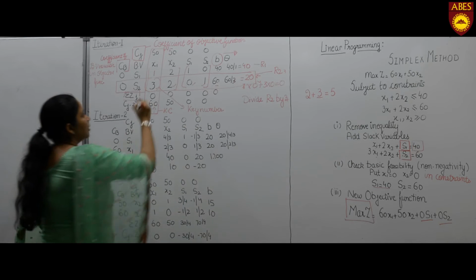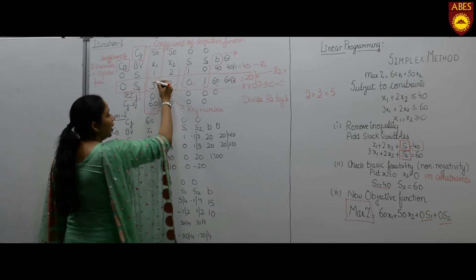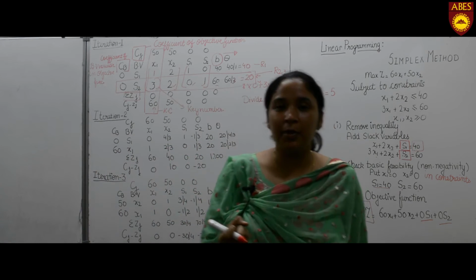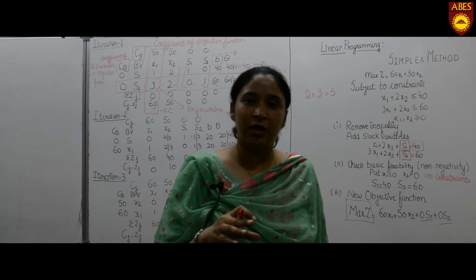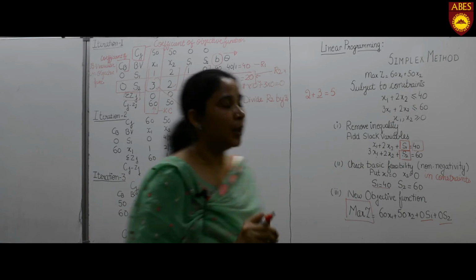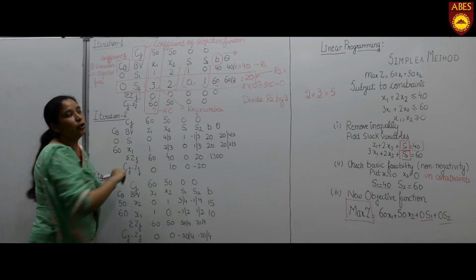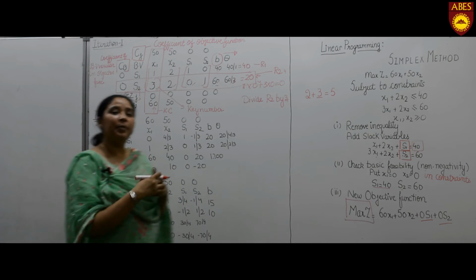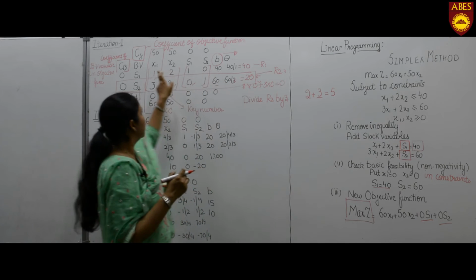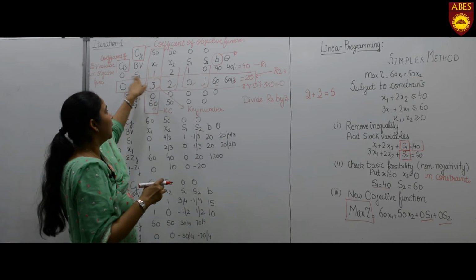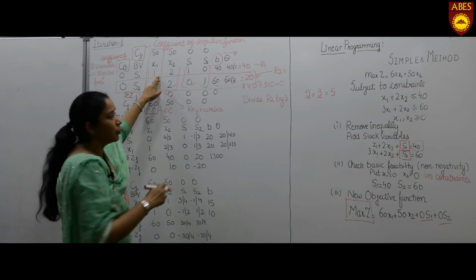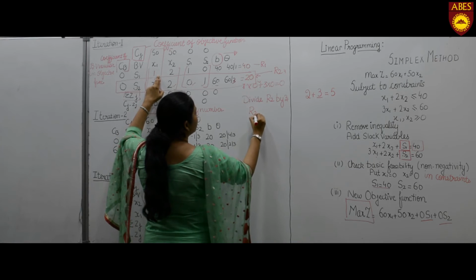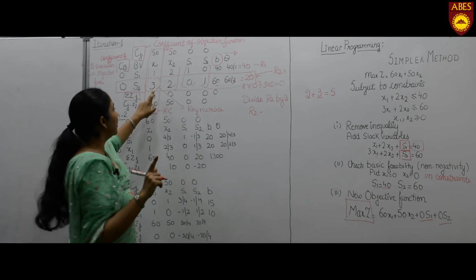Next, this is our key number. Above or below the key number, since we have to convert into an identity matrix, you have to make it 0. For making it 0, you have to do some row operations. For example, to make the 1 in row 1 a 0, we will use the key row.